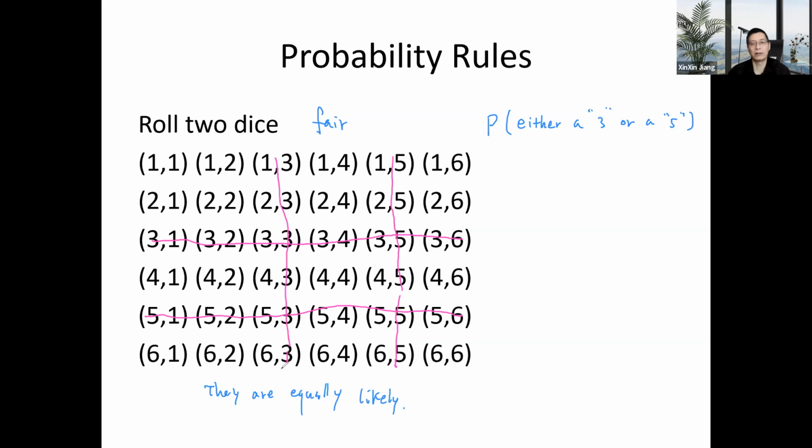So count how many of them. 1, 2, 3, 4, 10. 1, 2, 3, 4, just 20. 20 out of 36. Another one, actually a little bit more complicated than I was expecting.